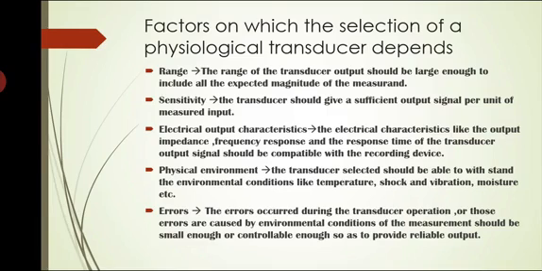The errors that occur during transducer operation, or those caused by environmental conditions of the measurement, should be small enough or controllable enough to provide reliable output. So these 5 factors you should explain for the above question. This question you can get for 5 marks.